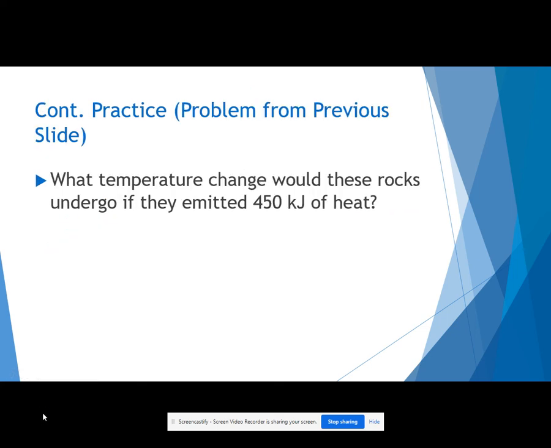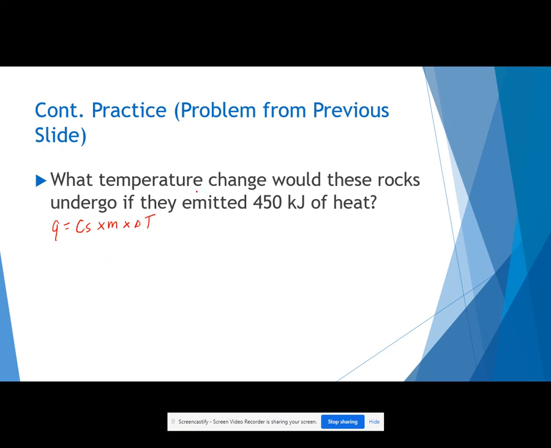And then that brings us to continue practice problems. It says problem from previous page. We're going to use stuff on the previous page to help us with this problem. It says, what temperature change would these rocks from the last problem undergo if they emitted 450 kilojoules of heat? I'm going to go ahead and put this back up here. Q equals specific heat times mass times the temperature change.